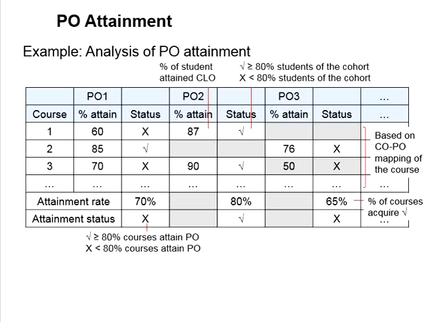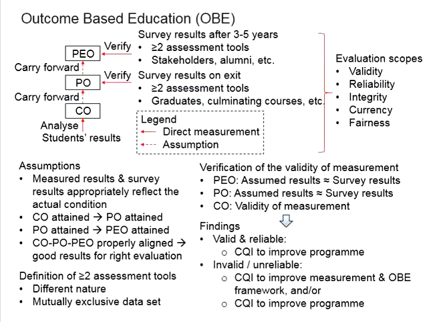And then the evaluation should not only stop at the PO attainment level. You have to bring this forward to the program objective level, which is PEO. Based on the attainments of the POs, you will be able to identify whether the PEO is likely to be attained. Again, this relationship will be an assumption.